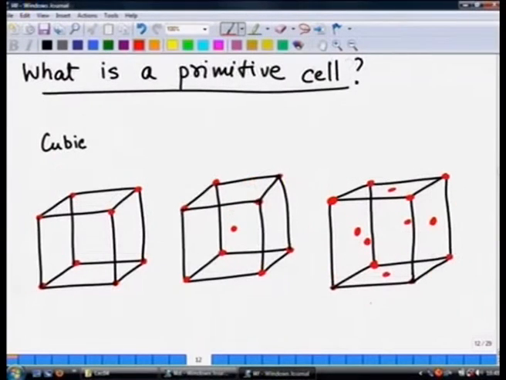This is of course face centered cubic, this is body centered cubic, and this is simple cubic.